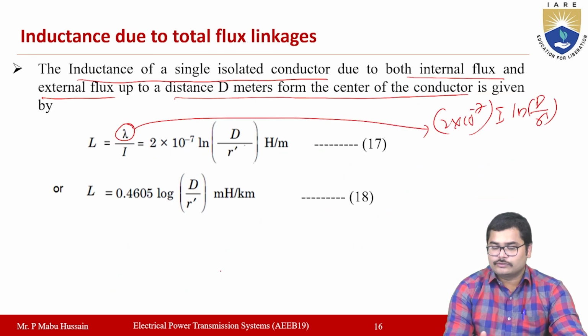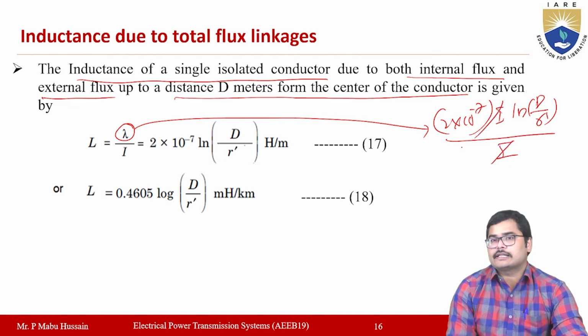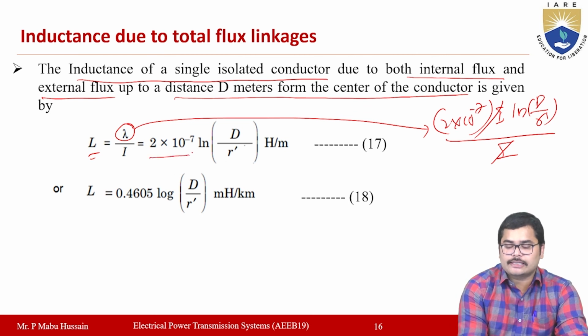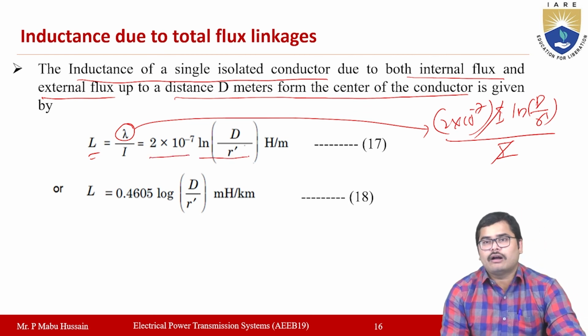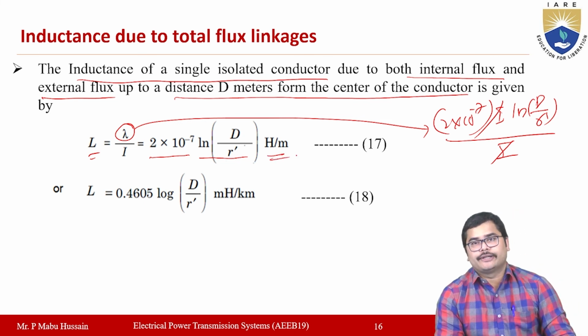By I, this I and this I will get cancelled. So the inductance expression will be equal to 2 into 10^-7 ln d by r dash, and the units are in henries per meter.